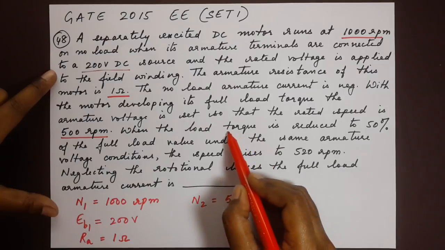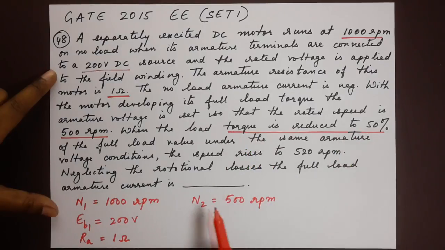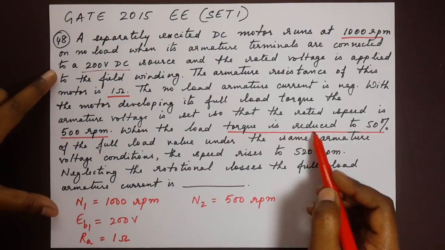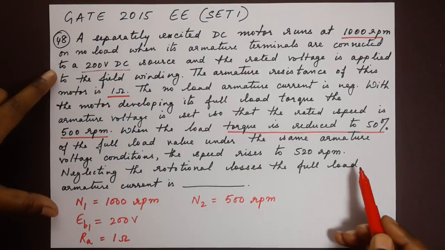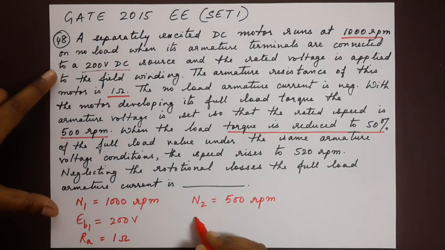So the torque at N2 is reduced now to 50%. We'll call the torque T2 and T3 for two different cases. The torque T3, with subscript 3 because it's being reduced to 50%, would be 0.5 T2. And then the speed N3 becomes 520 rpm.